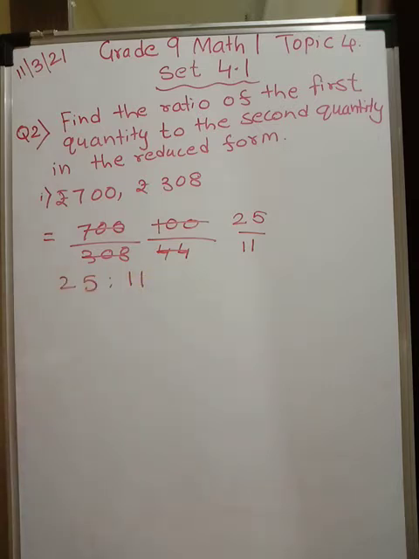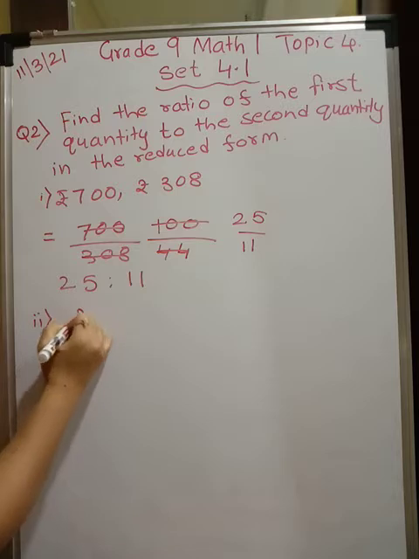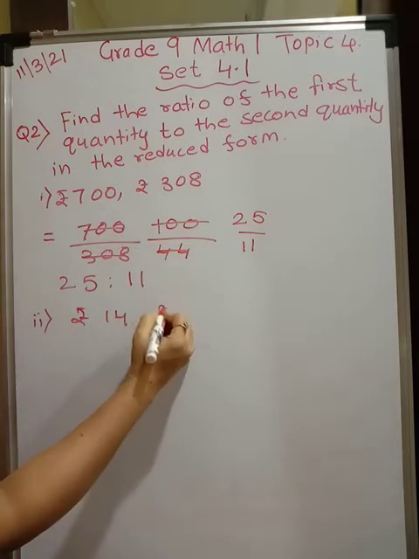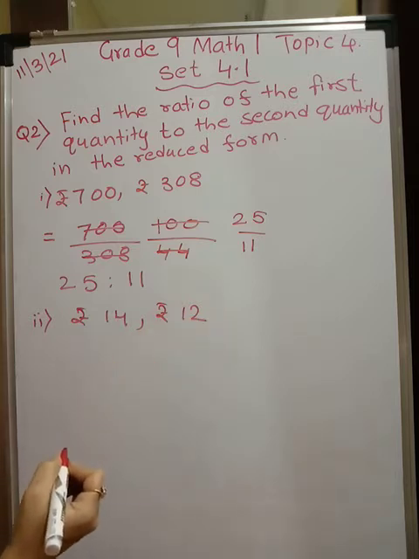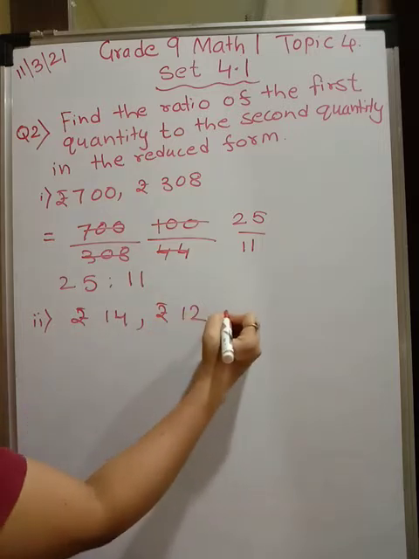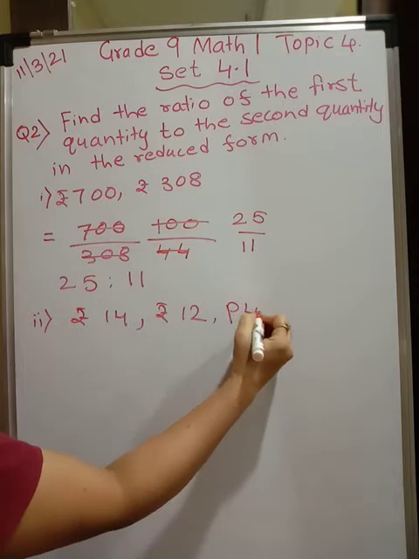Got it? Now see, the second question is a little tricky. They have given rupees 14 as the first quantity, and the second quantity they have given rupees 12 and paise 40.